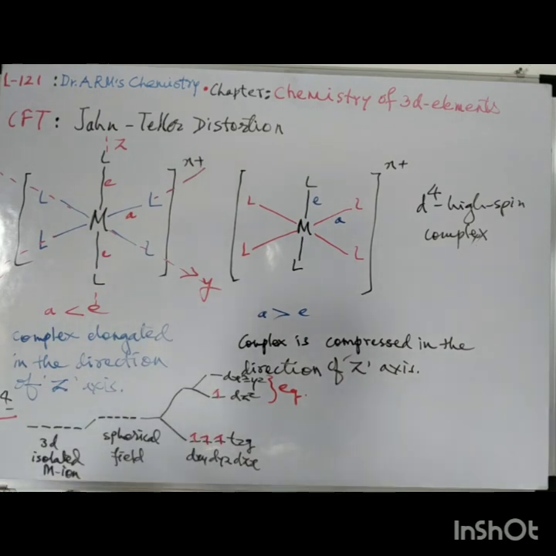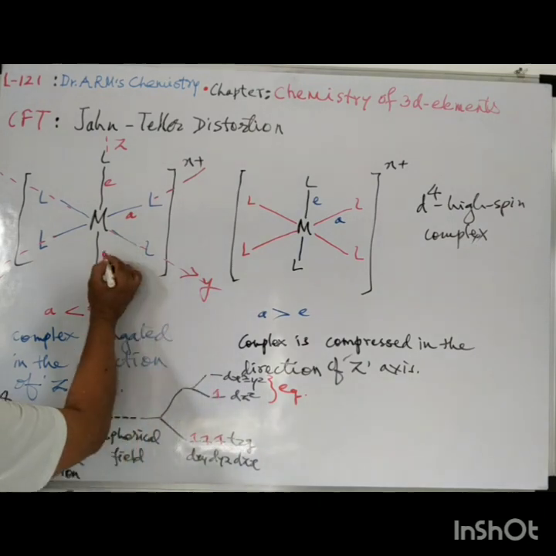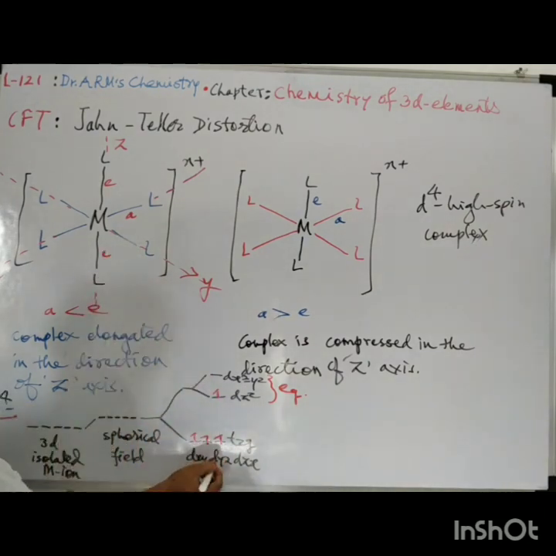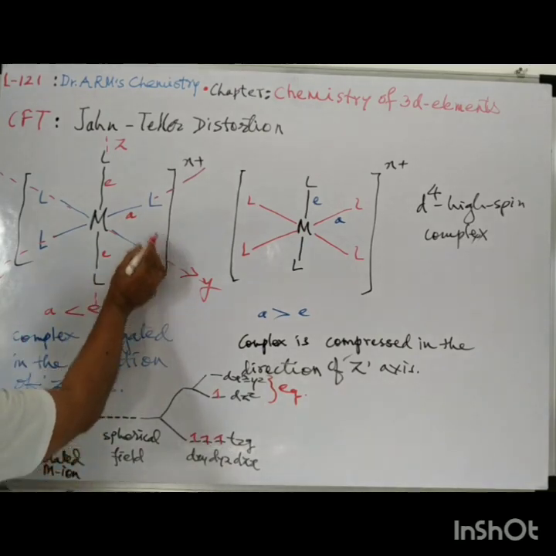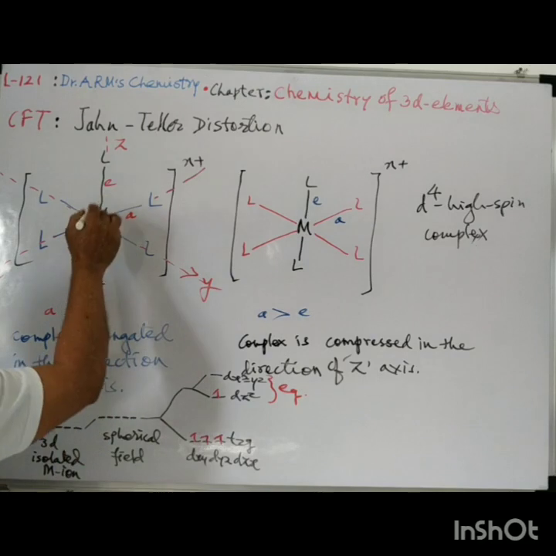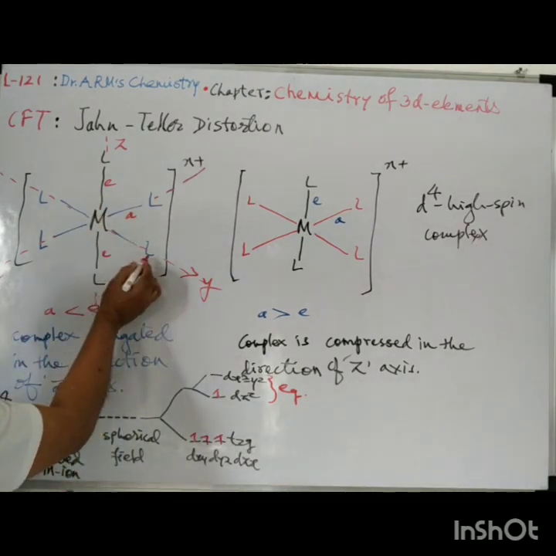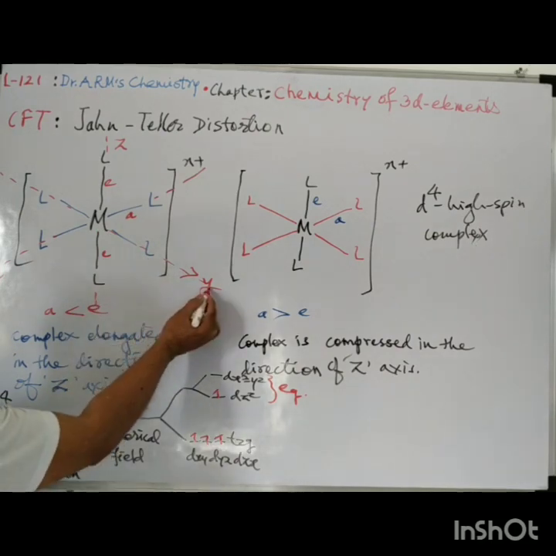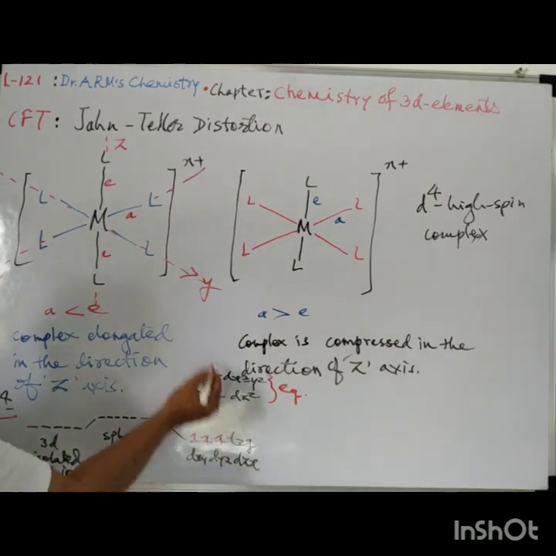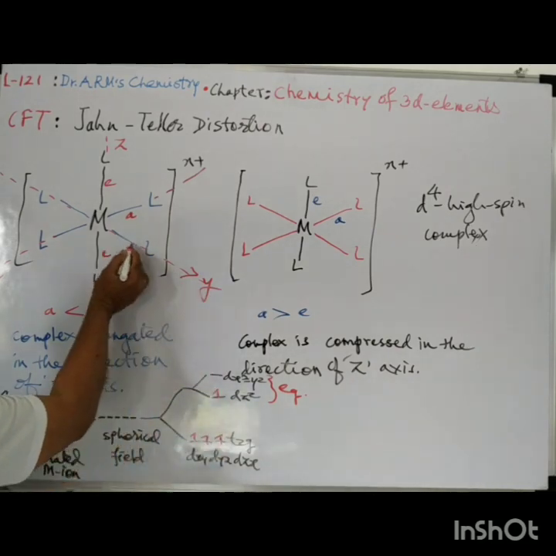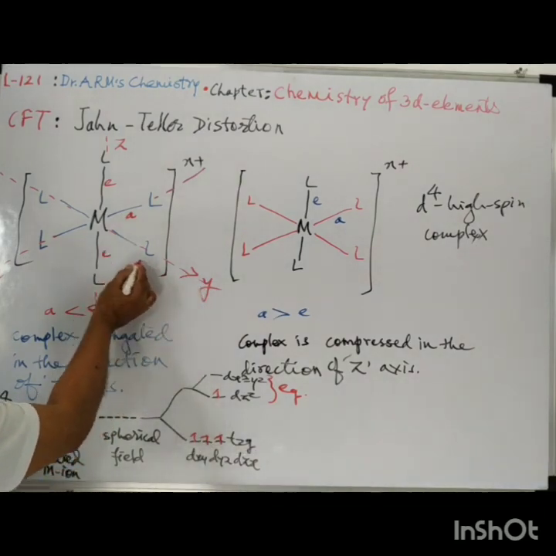So you will get this idea that these t2g orbitals of the metal ion are lying between the x and y axis, x and z axis, y and z axis. So ligands which are approaching the metal ion in the direction of the y axis are lying away from this metal orbital.